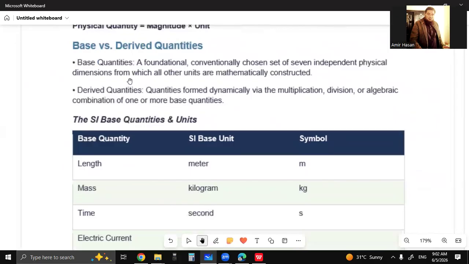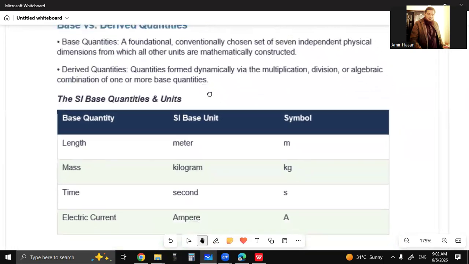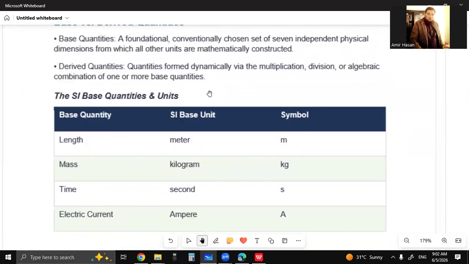Base quantities basically represent themselves. These are independent, not dependent on the others. Derived quantities are formed via multiplication, division, or algebraic combination of one or more base quantities. Derived quantities we represent with the base quantities. Base quantities are multiplied and divided, and with the help of these, we represent the derived quantities.